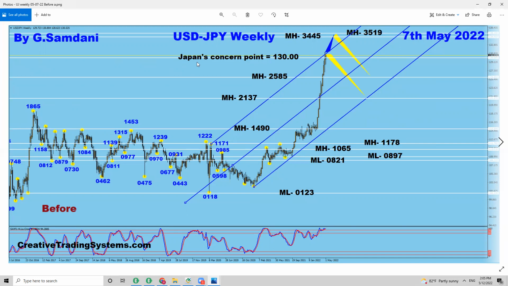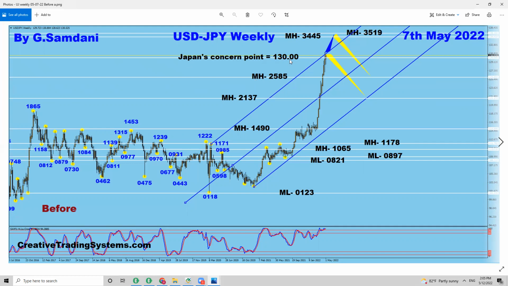That means obviously that they will take some action to slow it down, or send it back down because enough weakness is good for their economy, but enough is enough. It's too much. So the Japan concern point was 130, but the level a little bit above that was 135. The chances were that it might go to 135 and then drop.